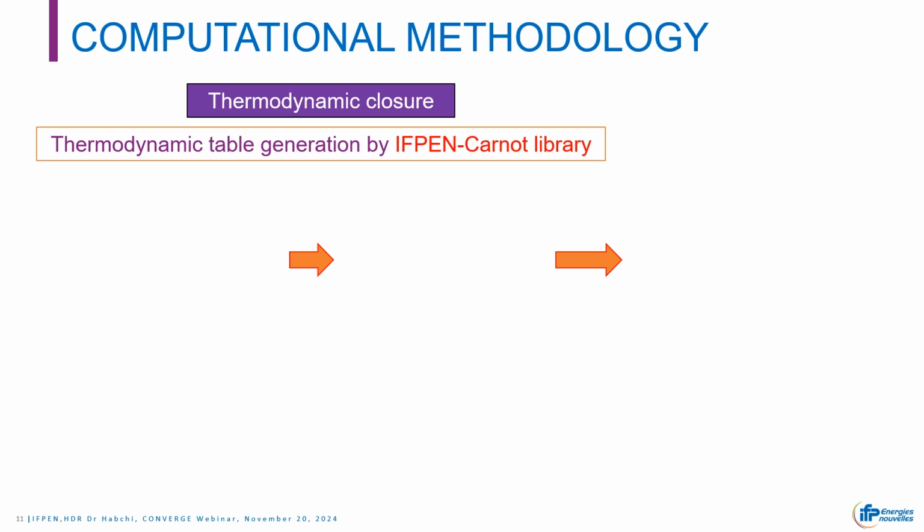The system of equations is closed thermodynamically using a real fluid equation of state. More precisely, we are using a tabulated equation of state, and the table is generated by the IFP-Carnot library.